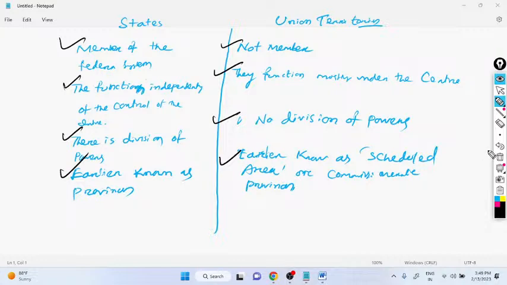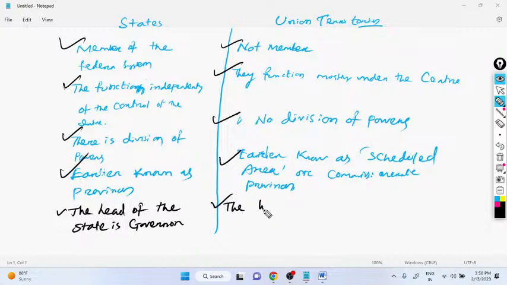These are the major things about the head of the state. Okay.